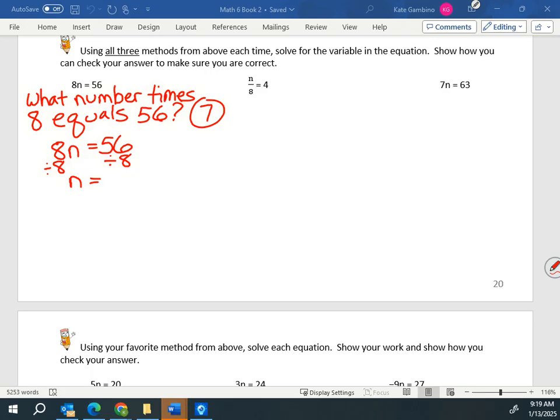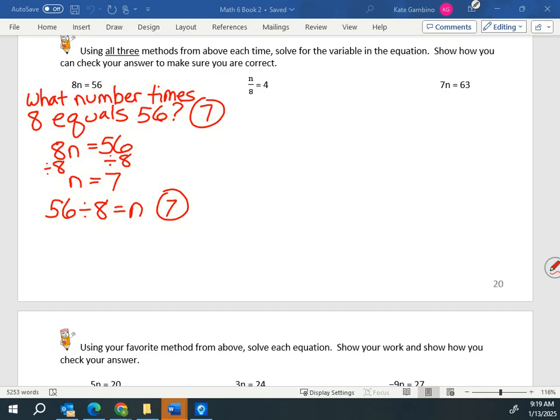What's 56 divided by 8? 7. And which fact family am I going to use to figure out the answer? Sarah? 56 divided by 8 equals n, which we know 56 divided by 8 is 7.